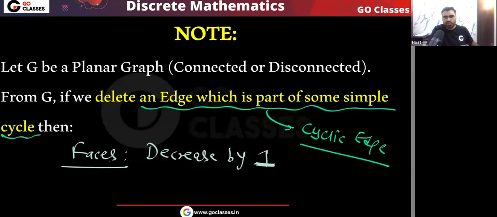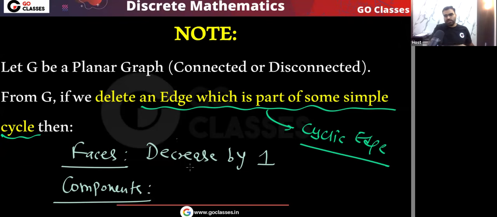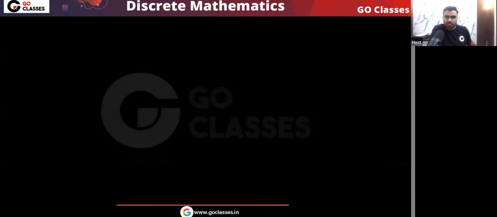And the number of components will be unchanged. Understood this? Very simple point.